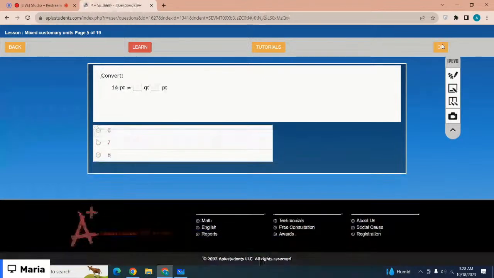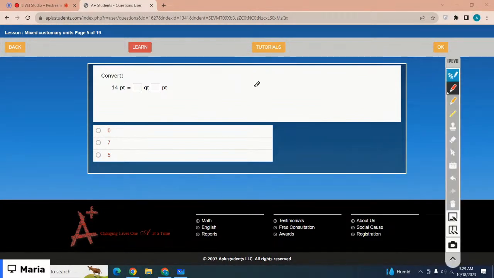Okay, the next one is 14 pints. That is from pints to quarts, right? 1 quart equals 2 pints.